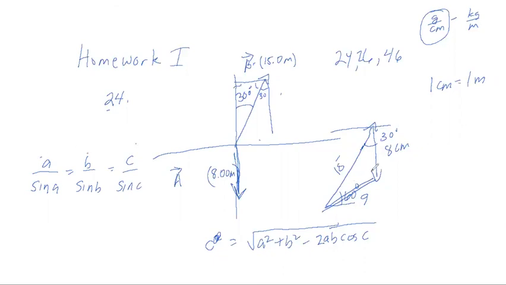So you want this angle, you can take 9 over sine 30 equals 15 over sine, we'll call this C. Oh, no, wait, this is sine B. Call this angle B. Sine B. And let's see.